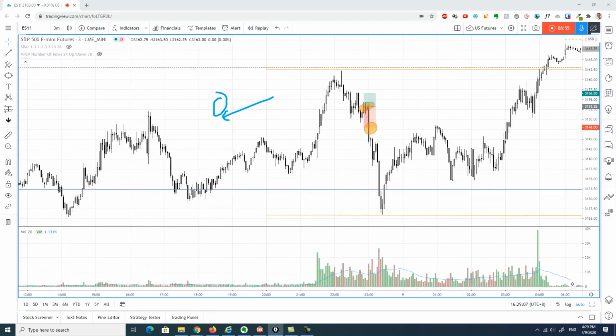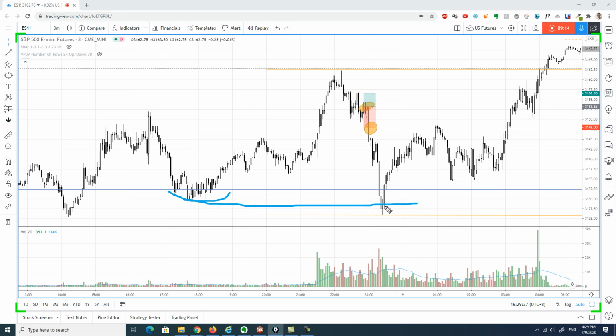Subsequently, you can see that the price actually sprang at the low here. This is the swing low. So a swing low happened during the London session at around 6 o'clock my time, and it just sprang the level, followed by a quick recovery here.